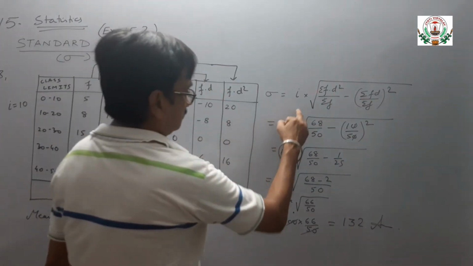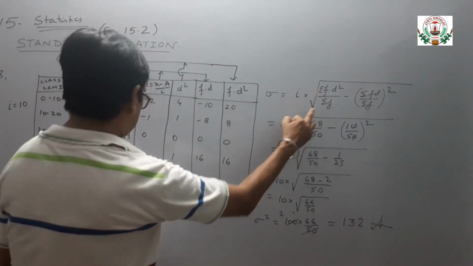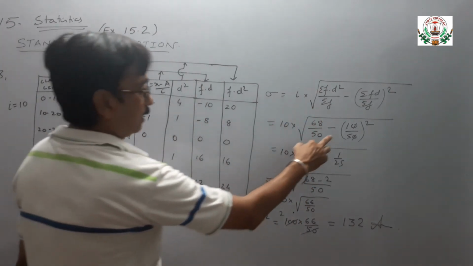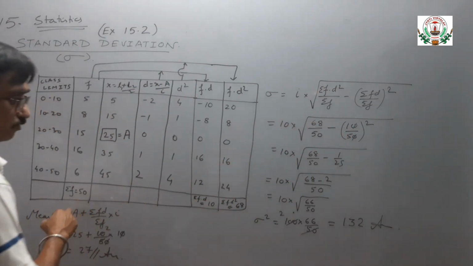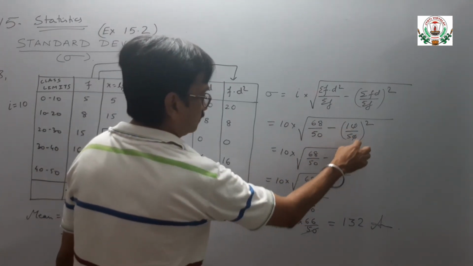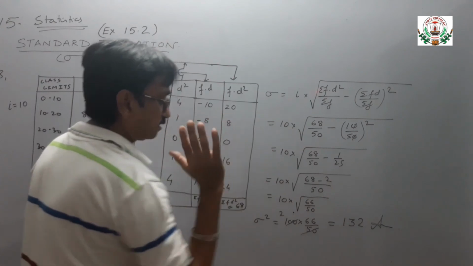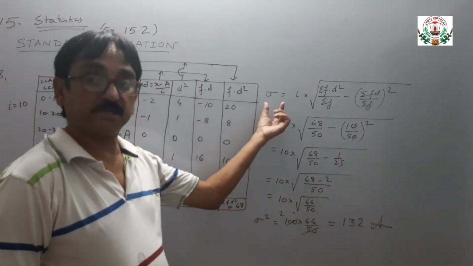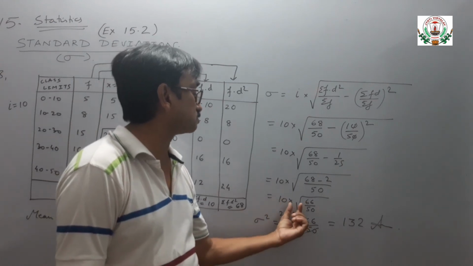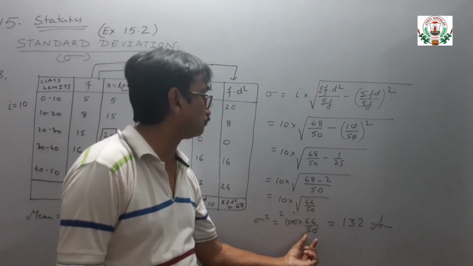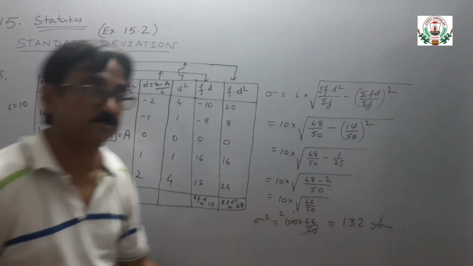Now i is 10, substitute the values: summation fd square is 68, summation f is 50 and summation fd is 10, summation f is 50, 10 upon 50, 1 by 5, its square 1 by 25, take the LCM, 66 upon 50 has come. And now we have to find the variance, so we have to square the standard deviation. 10 squared is 100, this square root will vanish, 66 upon 50, 50 goes twice in 100, 66 into 2, 132 is the answer.